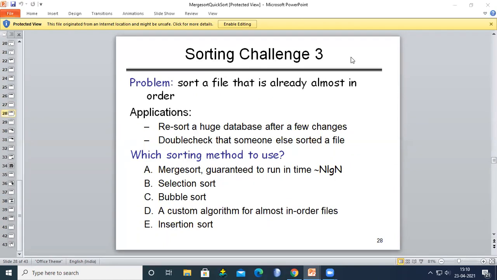Another one, sorting challenge 3: sort a file that is already almost in sorted order.